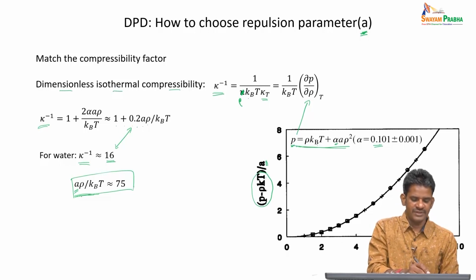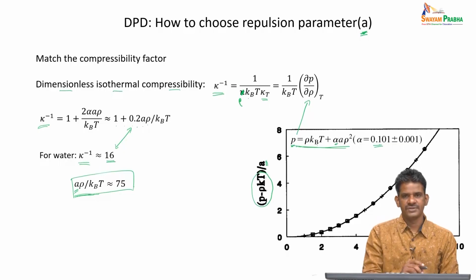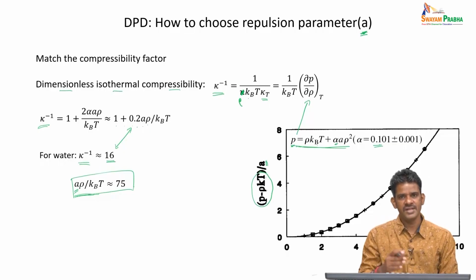Now one of the problems with this particular approach is that the value of A depends on the density of the system. That means anytime I change the density of the system, I will have to tune this parameter A again. This is typically not the case in our typical MD simulations, where we do not change the parameters of the potential when the temperature, pressure, or density is changed.